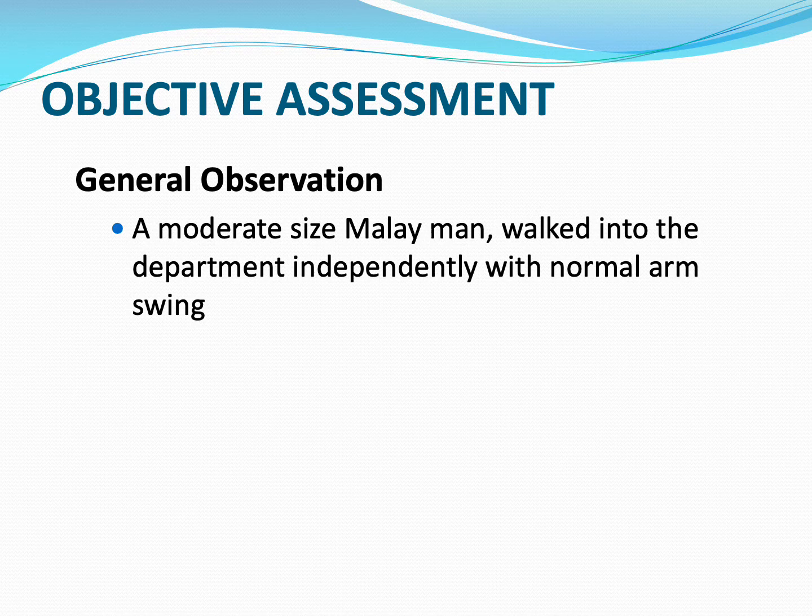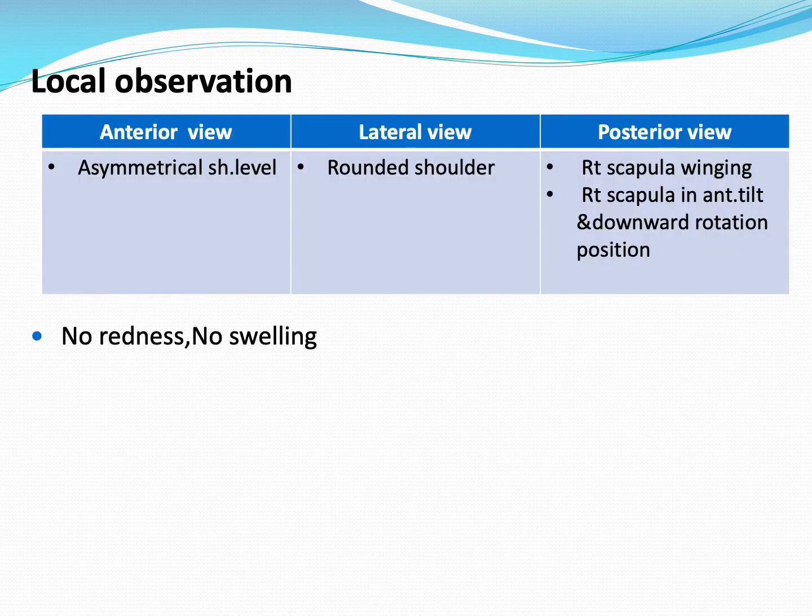So this is my objective assessment, based on general observation. A moderate-sized Malay man walked into the department independently with normal arm swing. On local observation, based on the anterior view, I found this patient has asymmetrical shoulder level, where the right shoulder is lower than the left shoulder, but only a little bit.